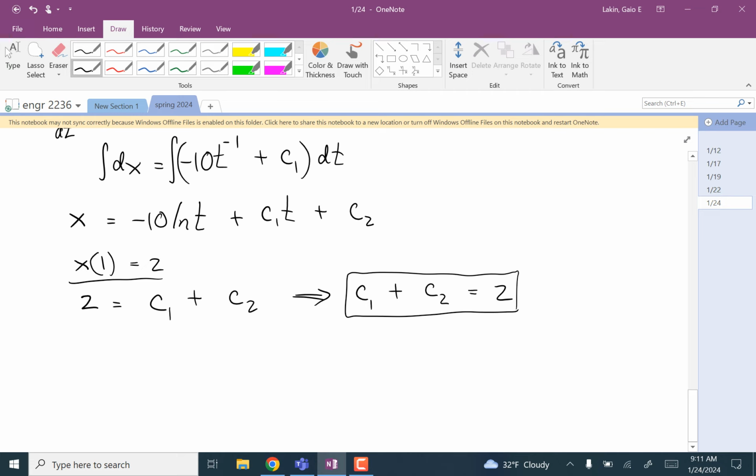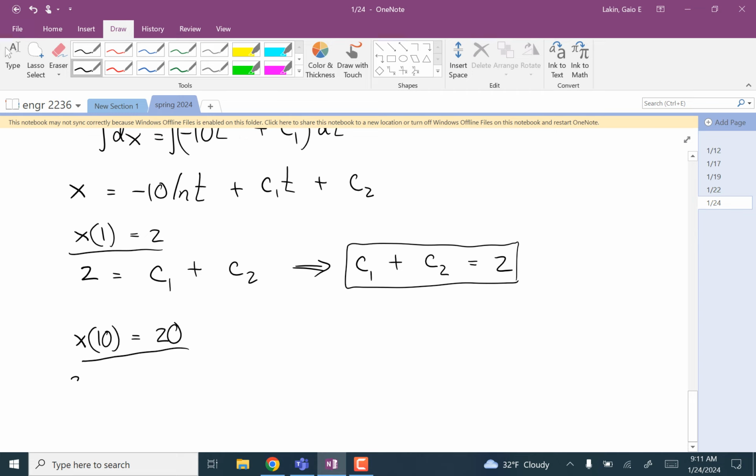And then the second boundary condition says x of 10 is equal to 20. So 20 is equal to negative 10 natural log of 10 plus 10 C1 plus C2.